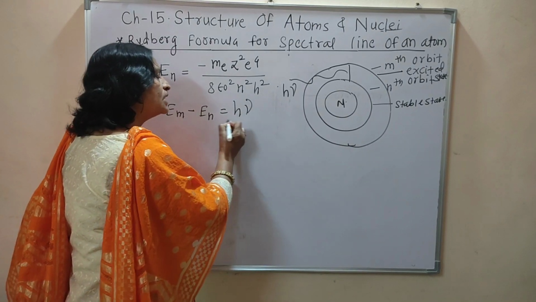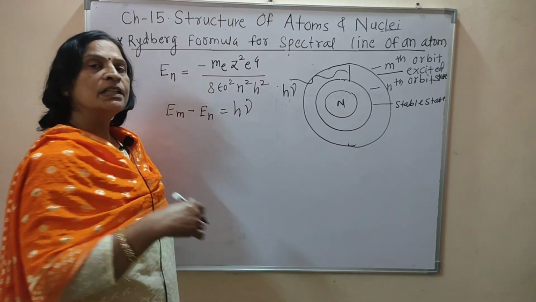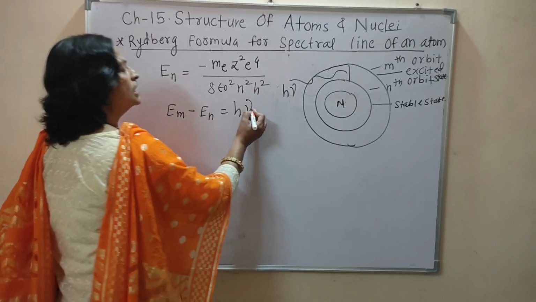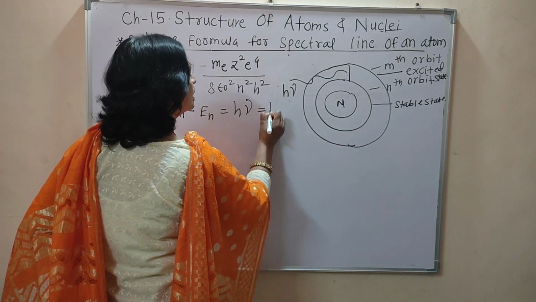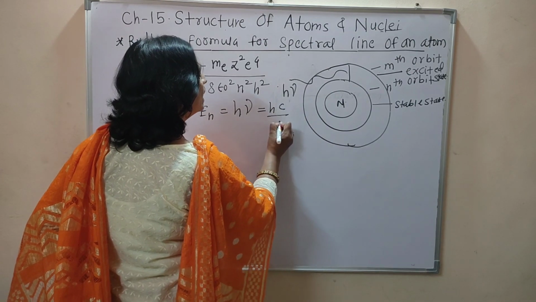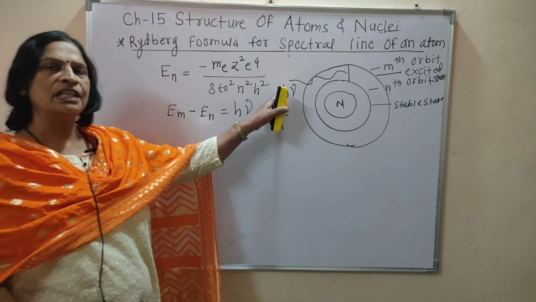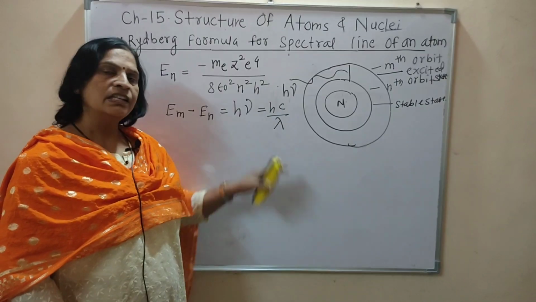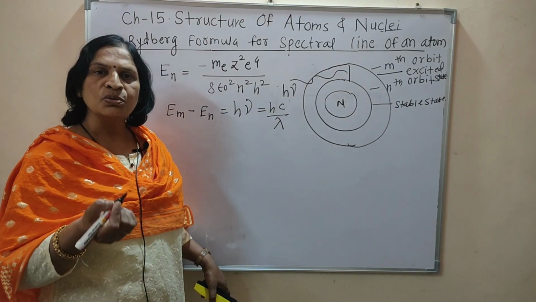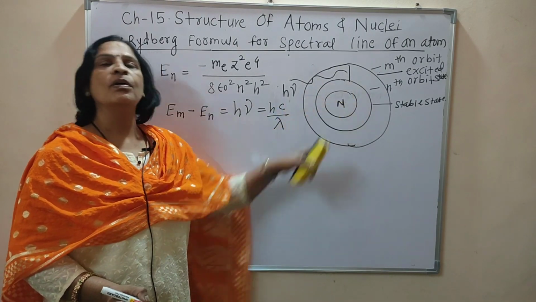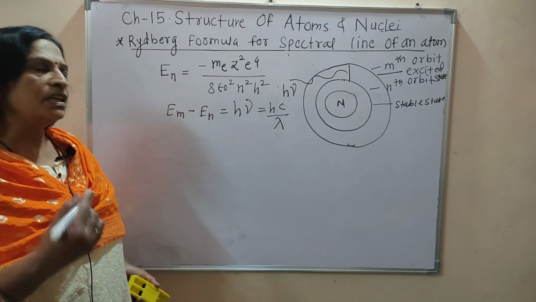H is the Planck's constant and mu is the frequency of radiation. And this frequency mu is nothing but c by lambda. C is the velocity of light or velocity of this electromagnetic wave, that is 3 into 10 raised to 8 meter per second, and lambda is the wavelength of the light which is emitted.